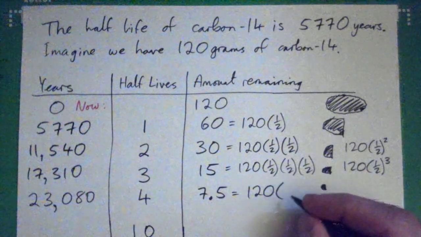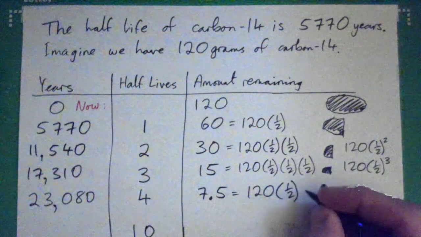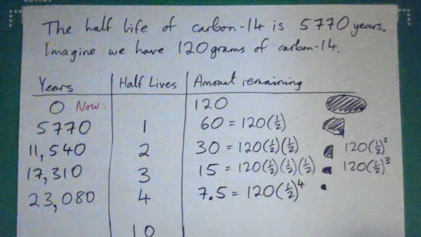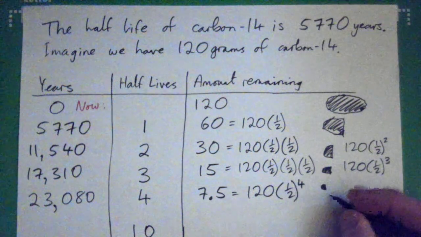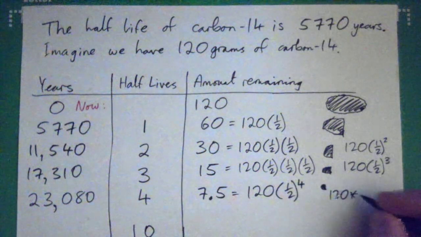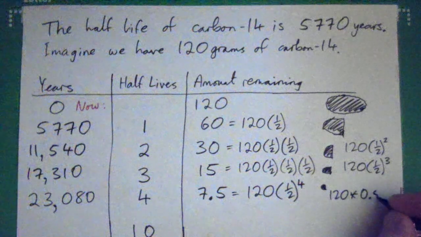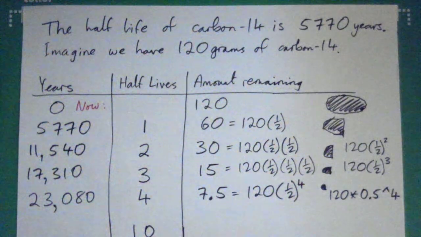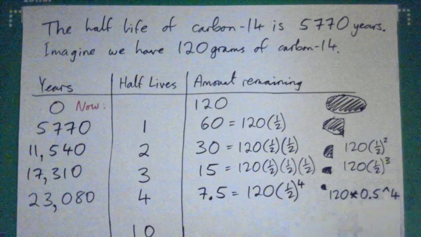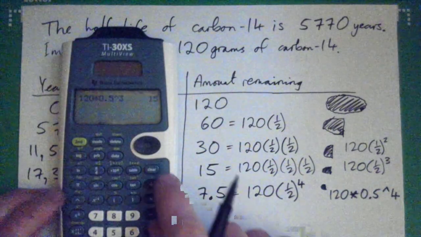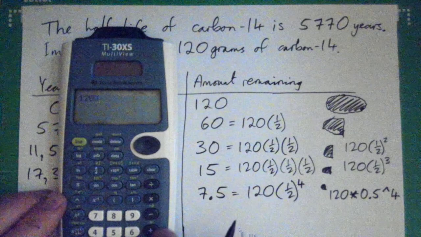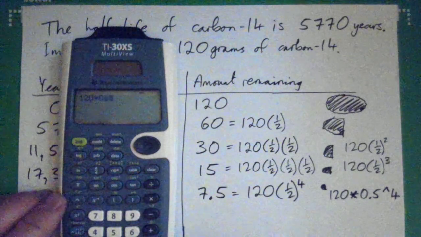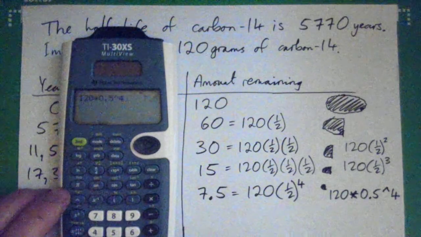Just put it to the power of 4. 120 times a half to the power of 4. Or in a calculator, just for fun, go 120 star times 0.5 to the power of 4. Right? And see what that gives you.